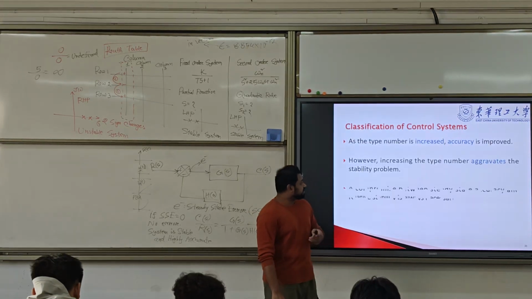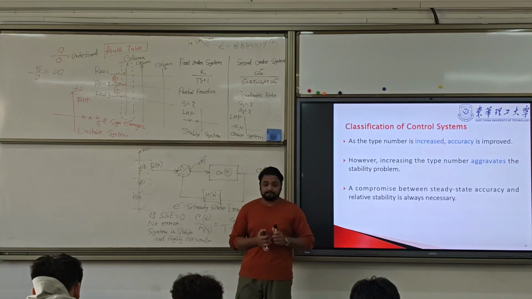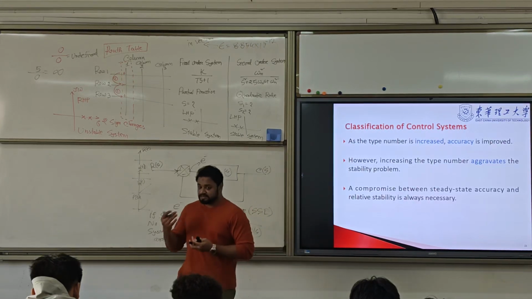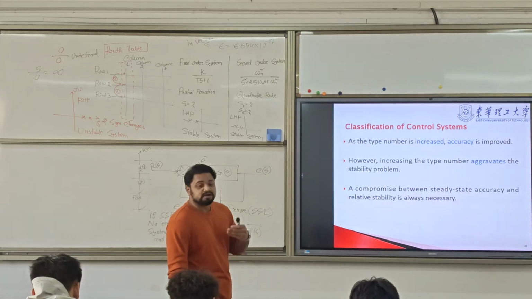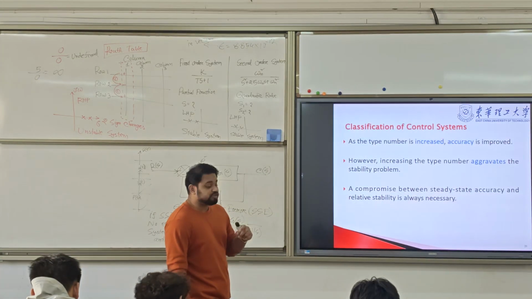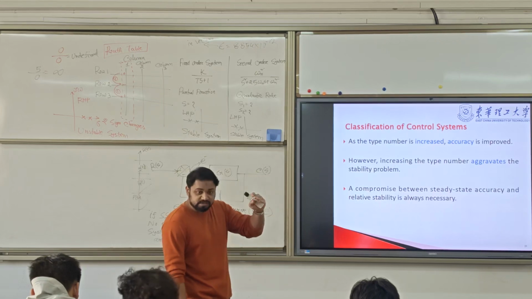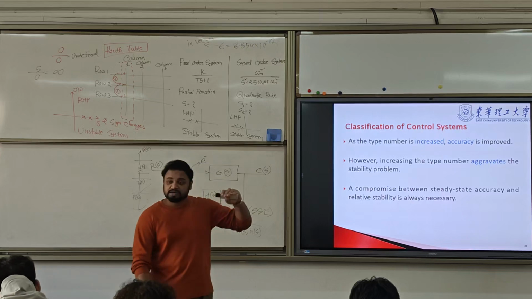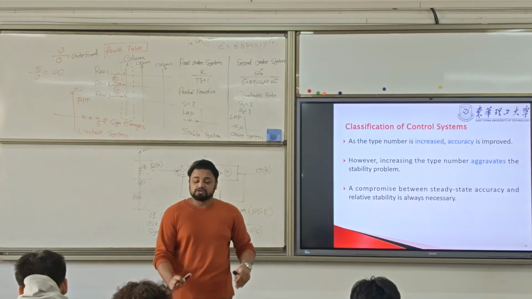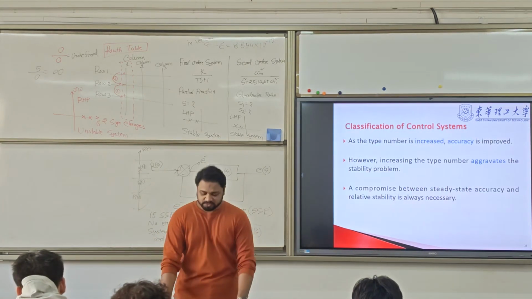Now we know already that if the type number increases, like type 1, type 2, type 3, accuracy is improved. Higher order system, accuracy is improved. However, increasing the type number decreases the stability. So there is an inverse relation.